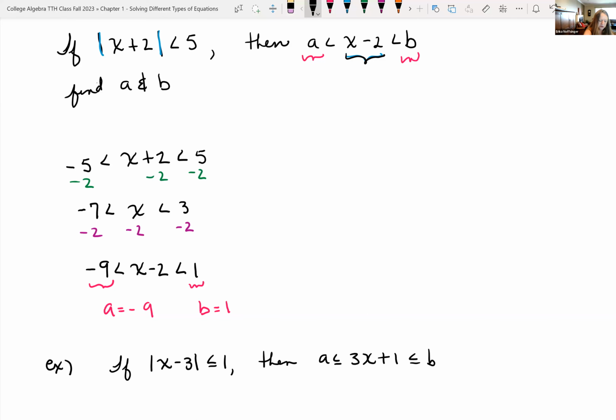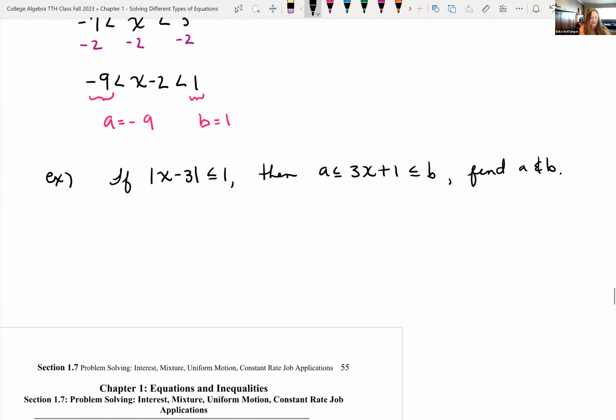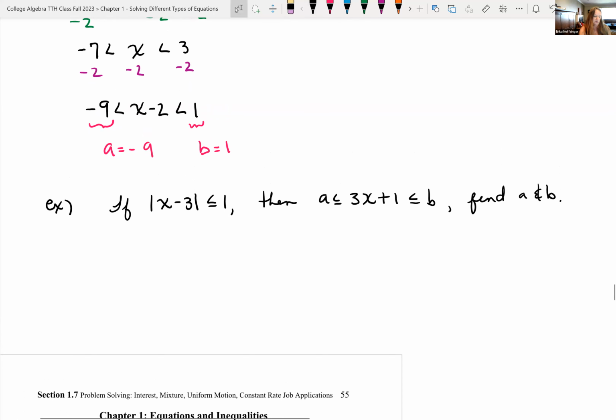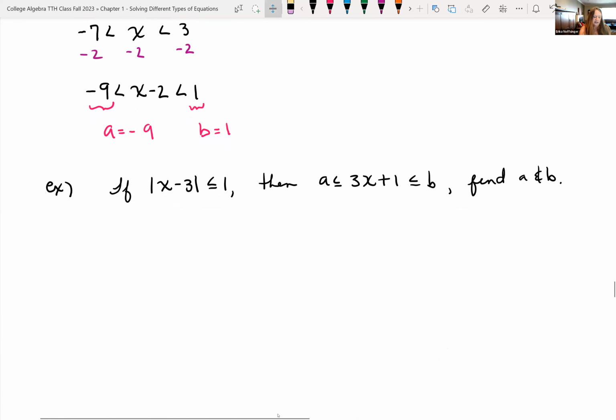So if this is true, then we want to find a and b. Okay, so let's drop our absolute value for that if statement, and then manipulate what's in between to look like 3x plus 1. To drop the absolute value, we would have -1 is less than or equal to x minus 3, is less than or equal to 1.